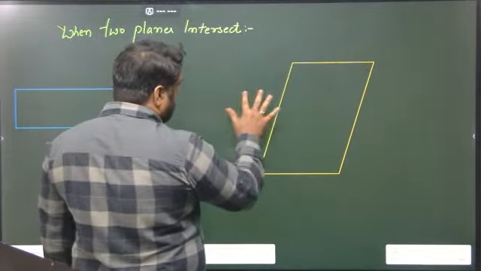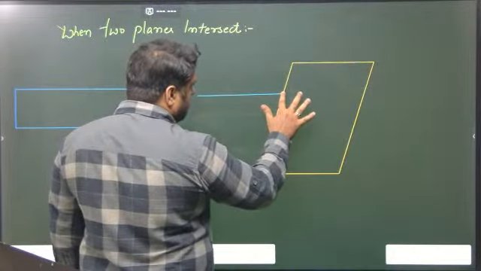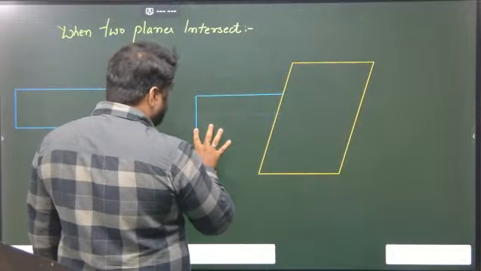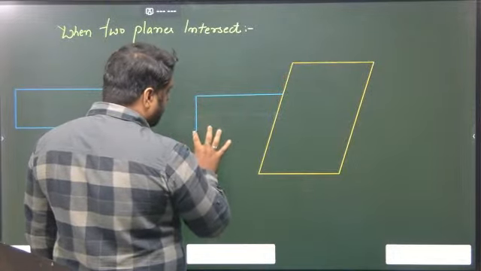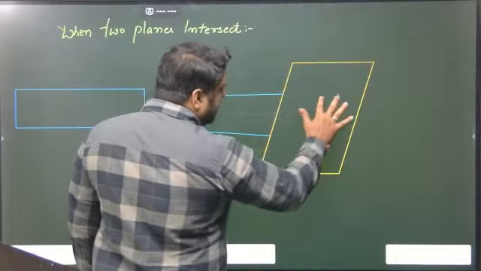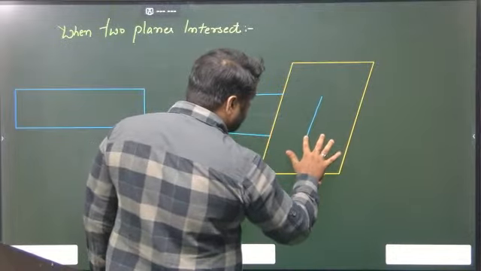So we will draw it like this. This portion is going back side of the plane, and at the center we will say it is coming out.